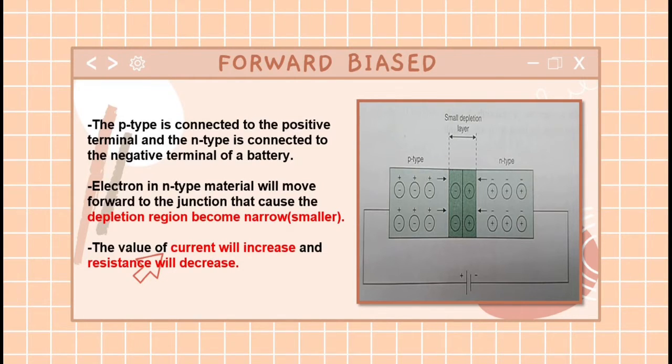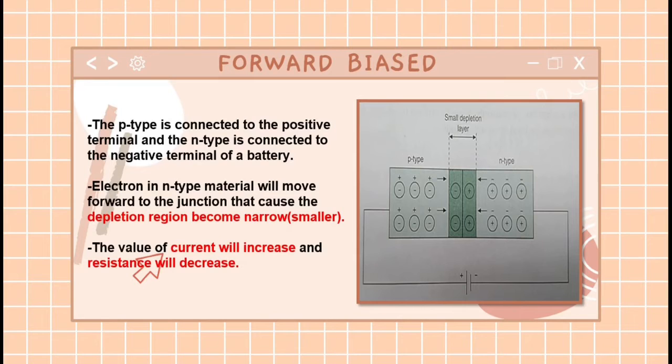Hence, the recombination process occurs and the number of negative ions in the p region near the junction decreases. The negative terminal of the battery will push the free electrons in the n region towards the junction and recombine with the positive ions. Hence, the number of positive ions decreases. As a result, the number of uncovered ions is reduced and the width of the depletion layer region will also reduce.